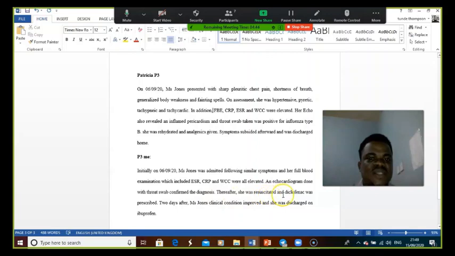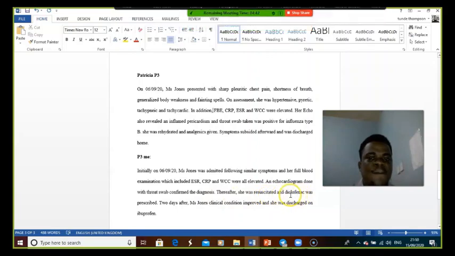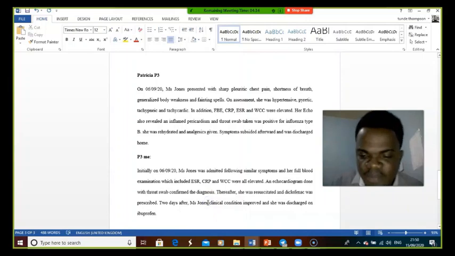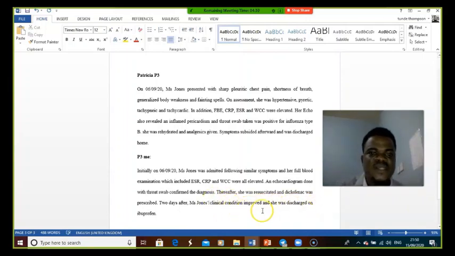Thereafter, she was resuscitated and diclofenac was prescribed. 2 days after, Miss Jones' clinical condition improved and she was discharged on ibuprofen.